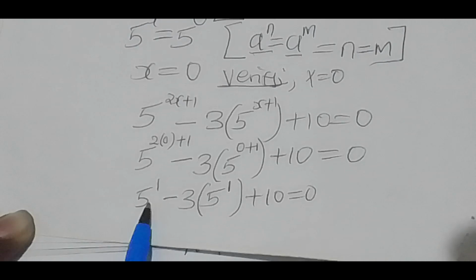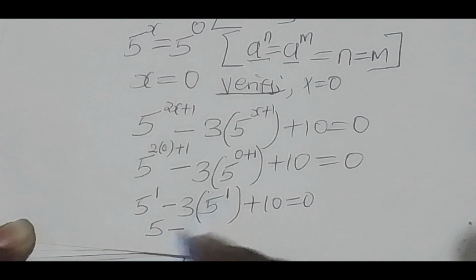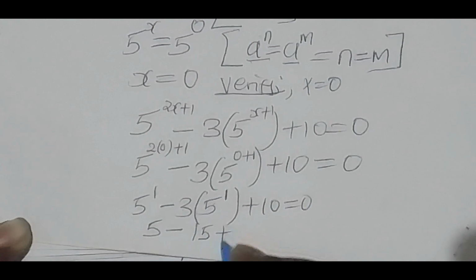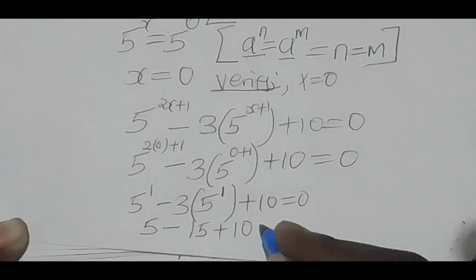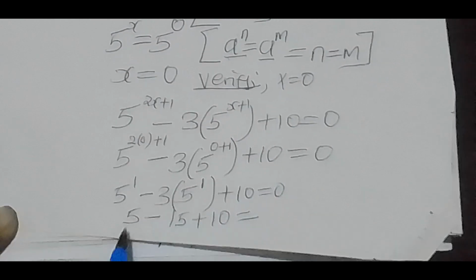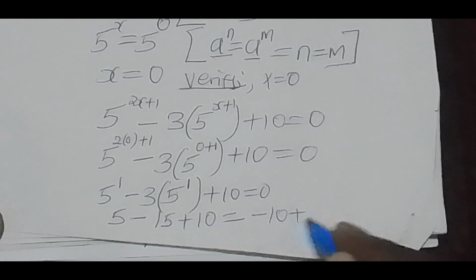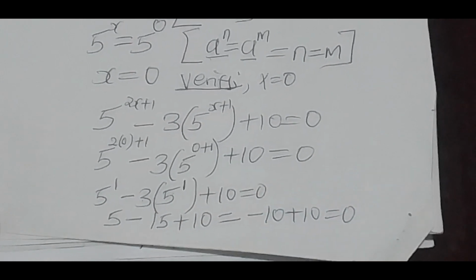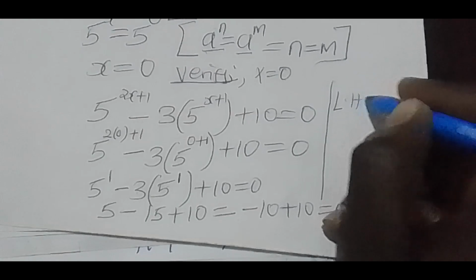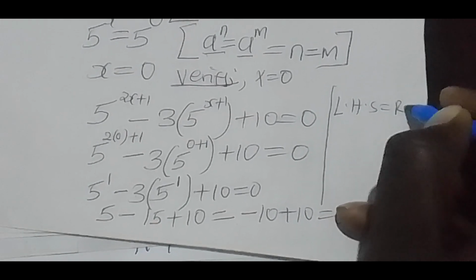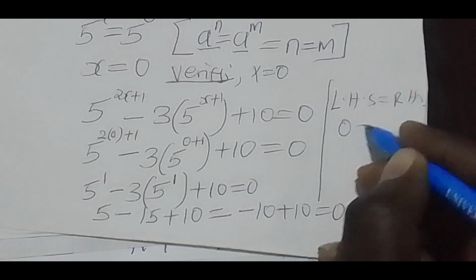So it's true that if you check, 5 raised to power 1 is 5, minus 5 times 3, which is 15, plus 10. 5 minus 15 is minus 10, plus 10, this is equal to 0. So it's true that whatever is on the left hand side is equal to the right hand side. So we can see 0 is equal to 0.